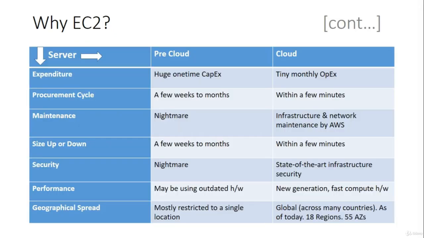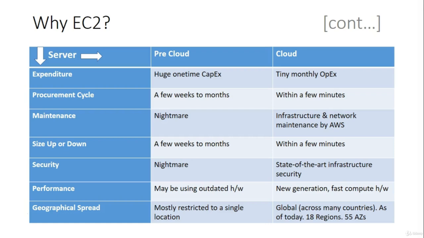So let us see a comparison of the pre-cloud era with the cloud era. This slide will sum up why we needed EC2 in the first place. In terms of expenditure, pre-cloud, it was a huge one-time capital expenditure. In cloud, it's a small monthly operational expenditure, what we call a subscription.